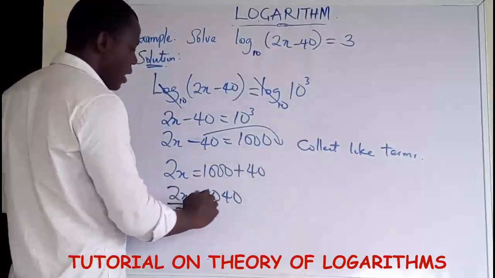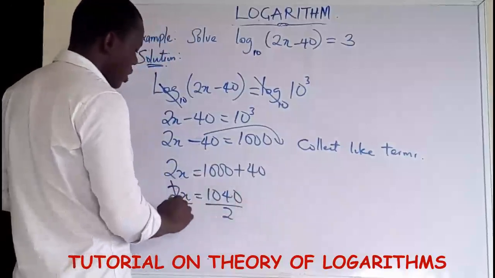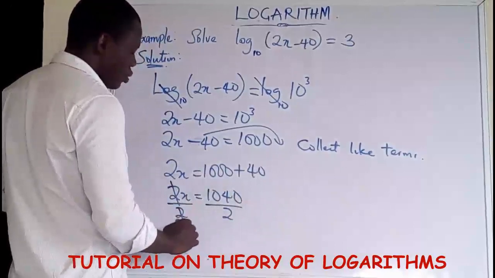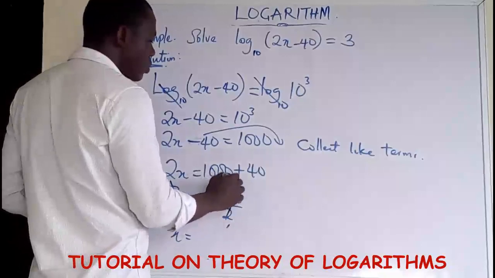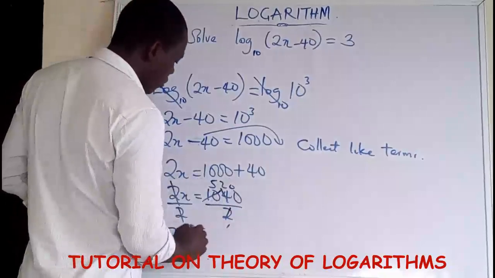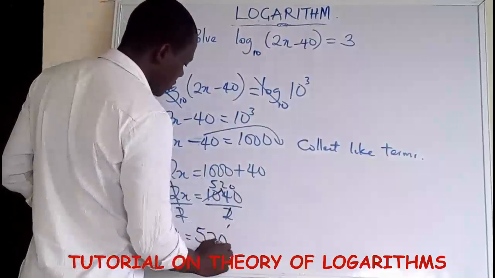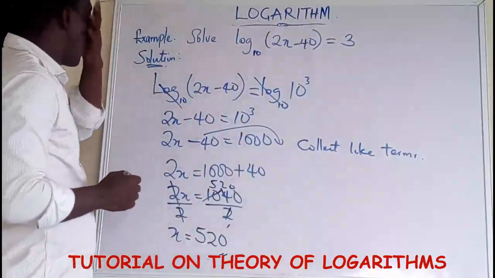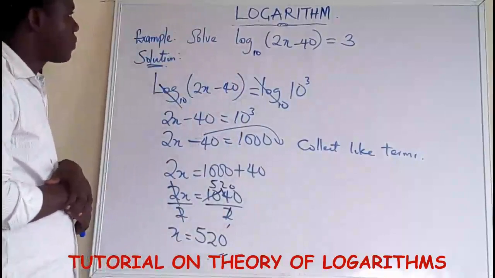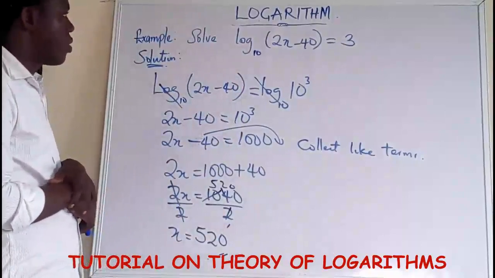We divide both sides by 2. So 2 cancels 2, and x equals 520. So the value of x that will give us that particular answer is 520.